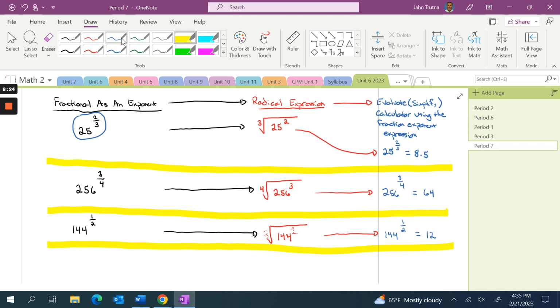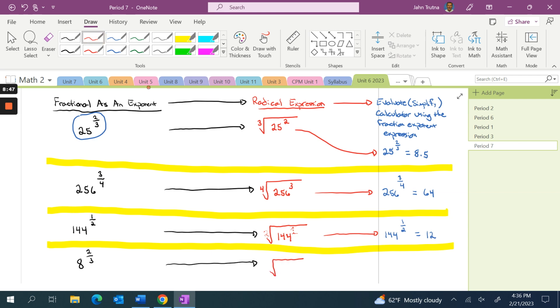Let's do one more, just for fun, to make sure that we get it. The last one that I'm going to do is evaluate 8 to the 2/3 power. I actually believe this is one of your homework problems. So I'm going to change this into radical form. I draw the radical symbol.